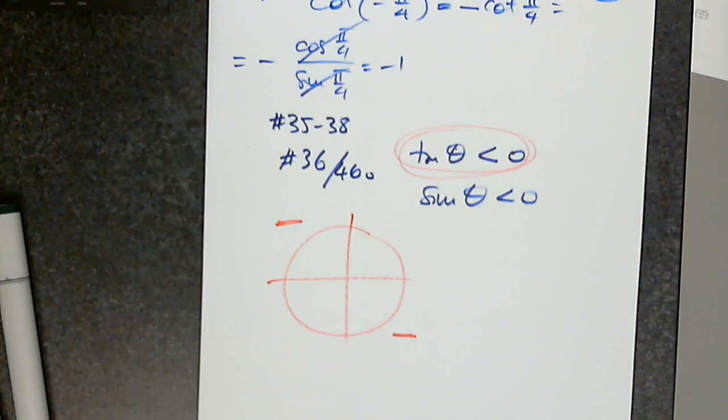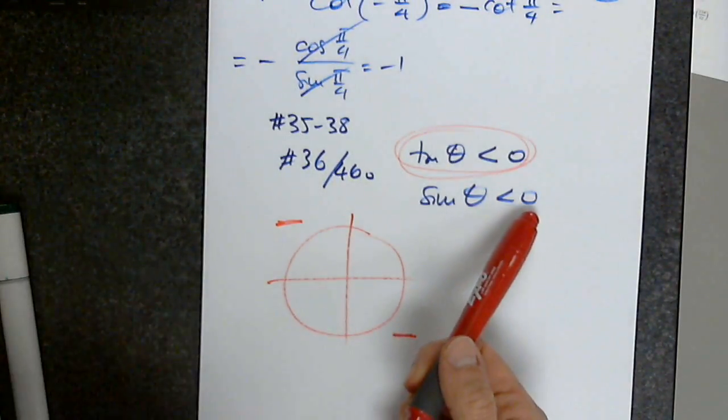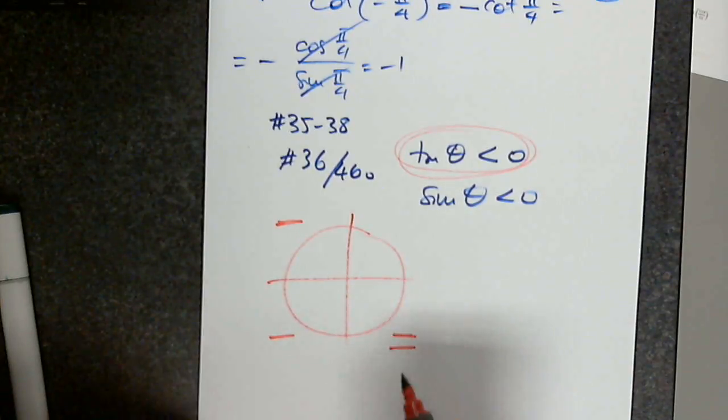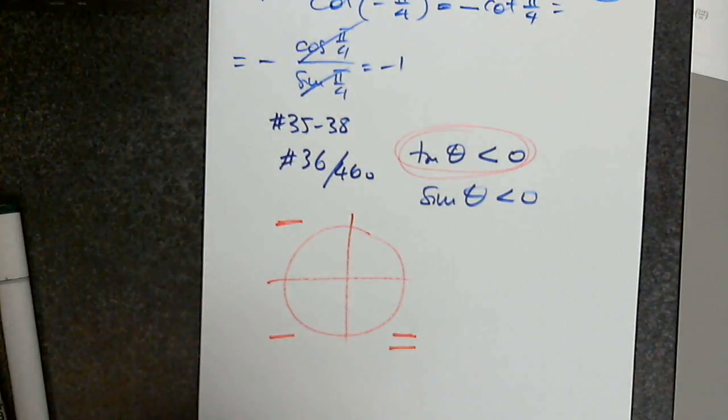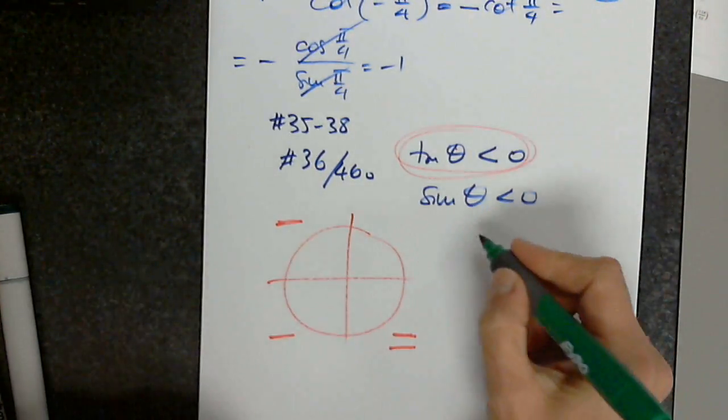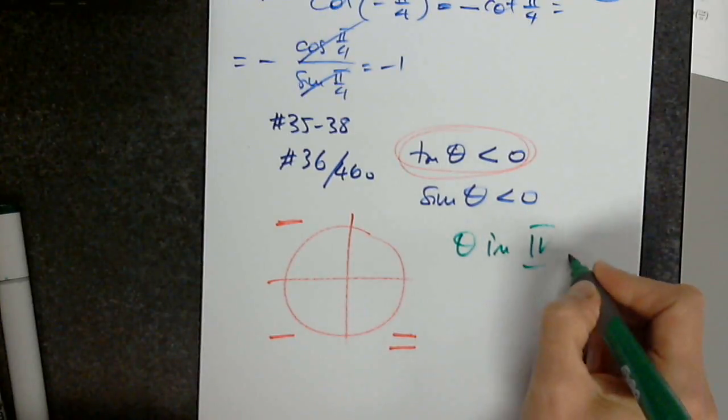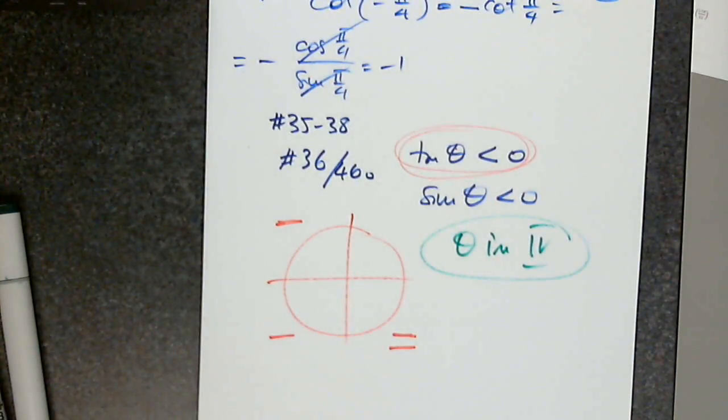Cosine is positive here and negative here. So sine less than 0 is here and here. I have to choose the only quadrant that fulfills both conditions. So theta must be in 4. That's the only quadrant that fulfills both conditions.